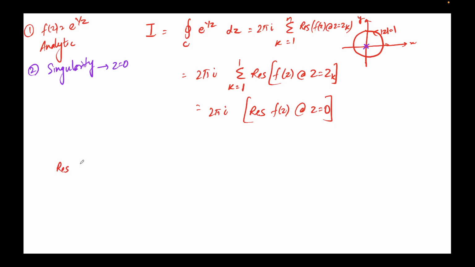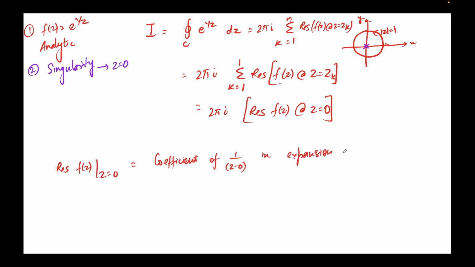The residue of f(z) at z equal to 0 is equal to the coefficient of 1 over z minus 0 in the expansion of f(z) around z equal to 0. Why z minus 0? Because 0 was the singularity.